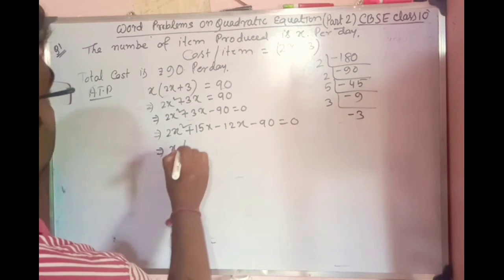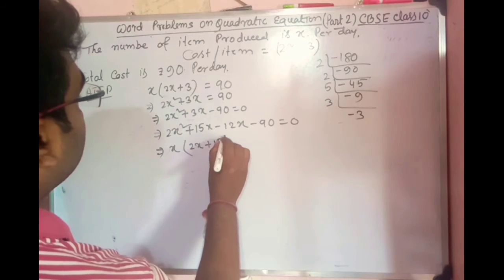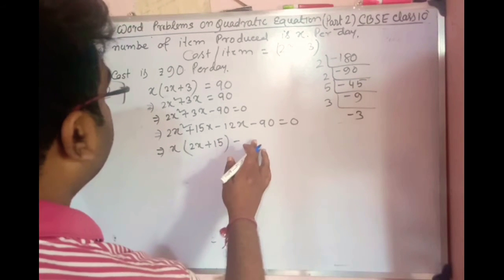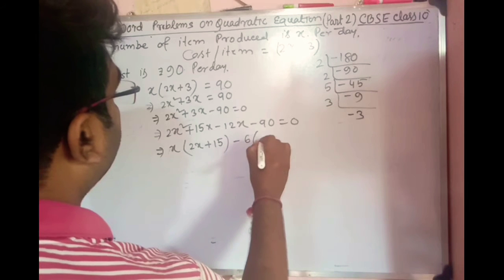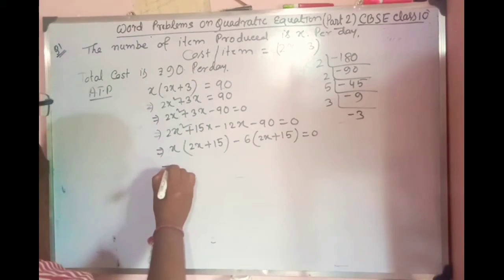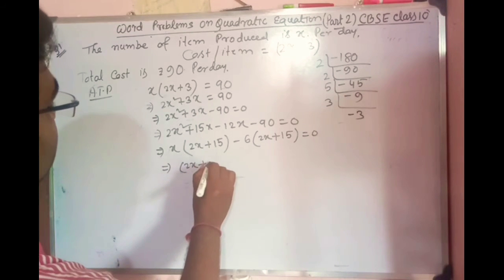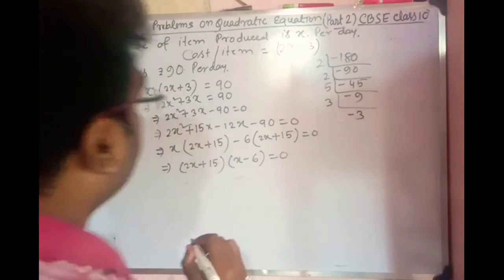Taking x as common, we get 2x plus 15, minus taking 6 common, 2x plus 15 equals 0. So here 2x plus 15 and x minus 6 equals 0.